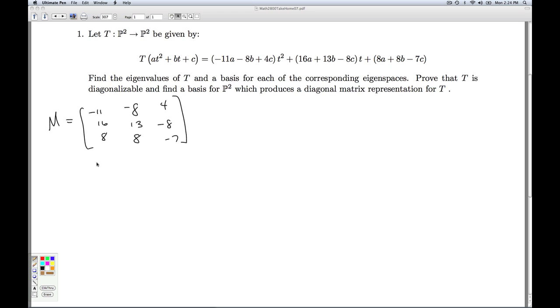Okay, so the first step is to find the eigenvalues. We take the determinant of M minus lambda I, which is the determinant where you just subtract lambda off the diagonal.